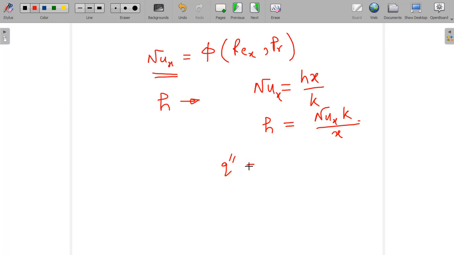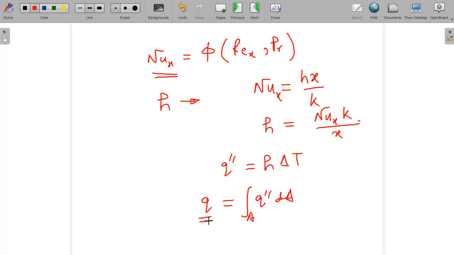So heat flux will be equal to H into temperature difference. And once you know the heat flux, to find out the heat transfer, you have to integrate this heat flux over the area and you will get the heat transfer. So this is the process by which we solve the problem.